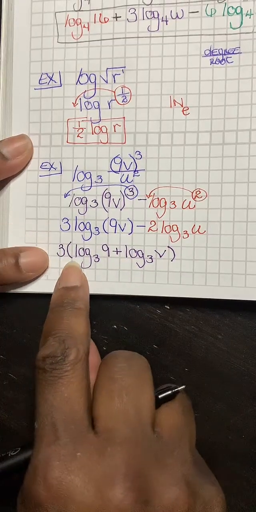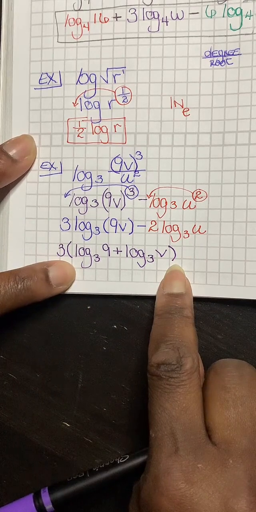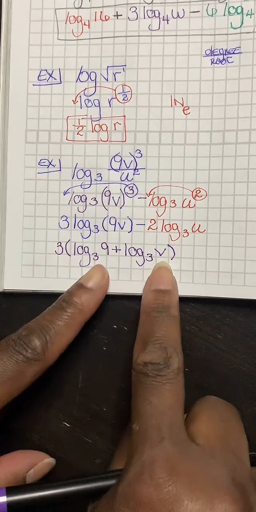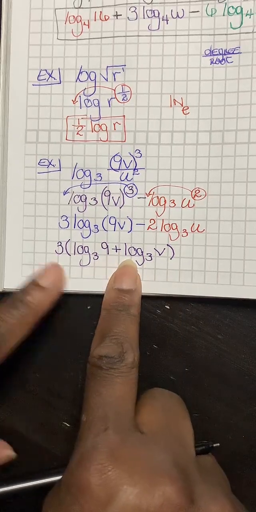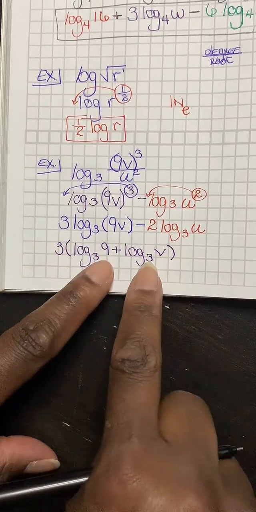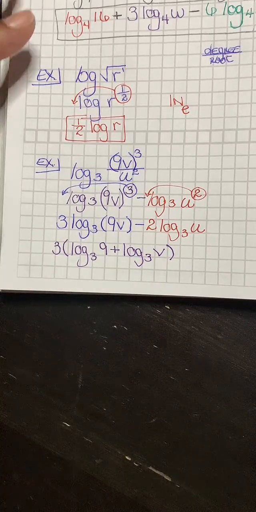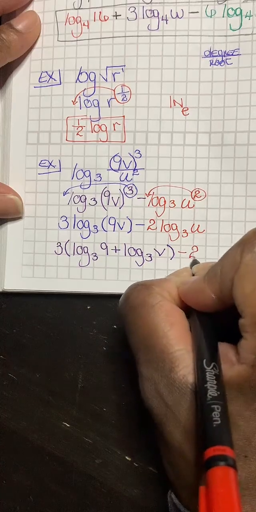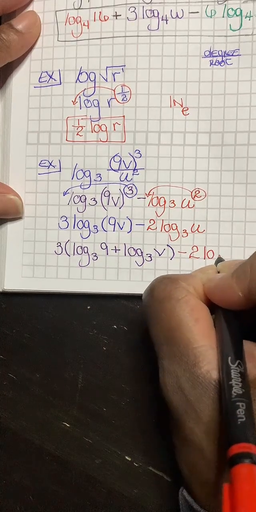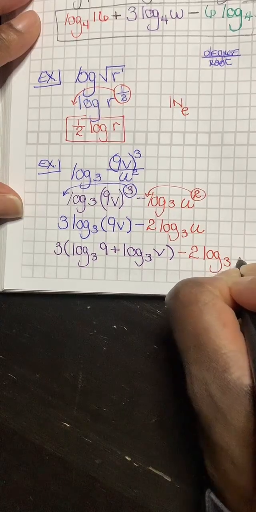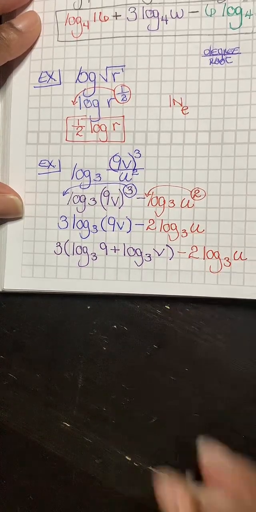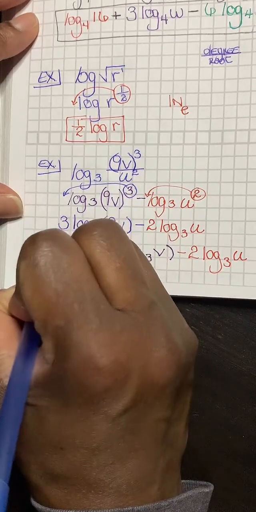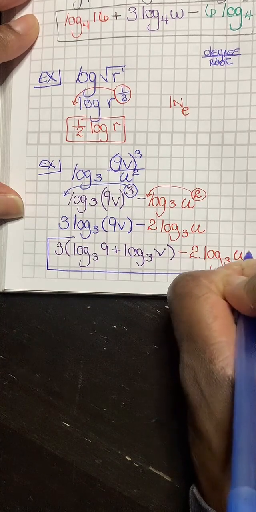That's why I'm putting parentheses around this, because if I were to condense it, I would multiply the 9 and the v, and then the 3 will cover both 9v. Bring down my minus, and my 2 times the log base 3 of u. That was the one thing that some people that answered earlier were missing.